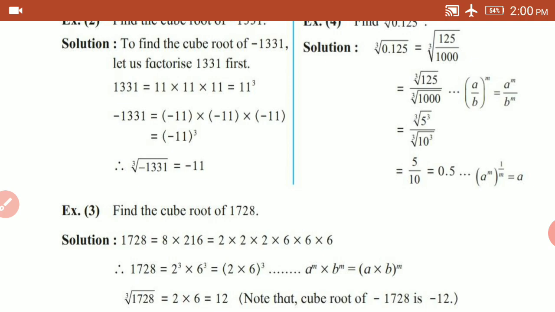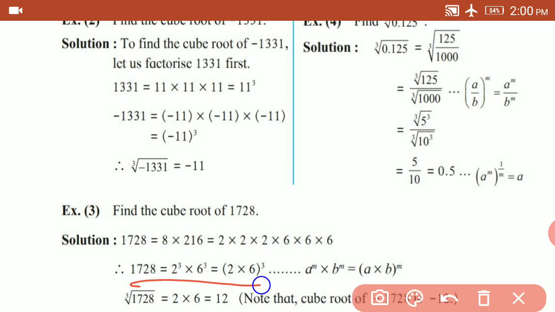We can group this 2 and 6 and write like this: 1728 is equal to 2 cube into 6 cube, which is equal to 2 into 6 bracket cube. That means cube root of 1728 is equal to 2 into 6, which is equal to 12.